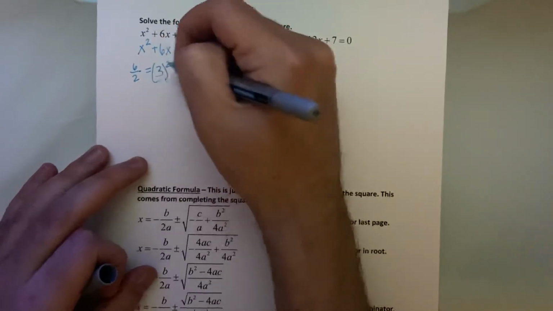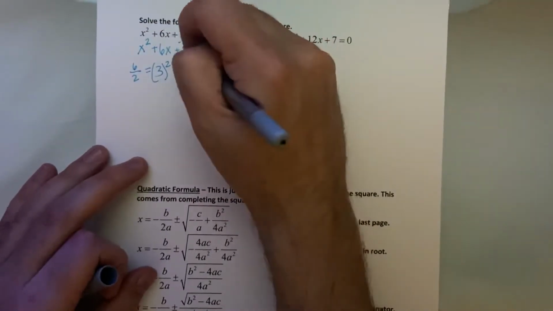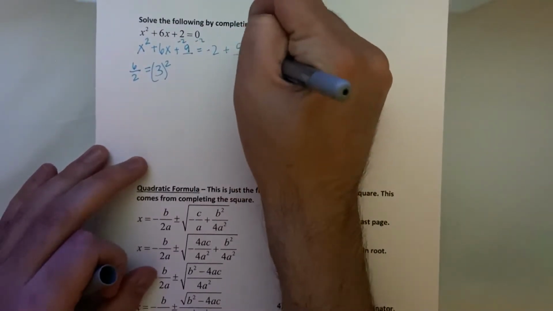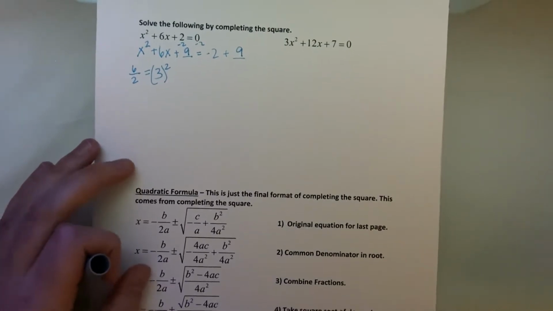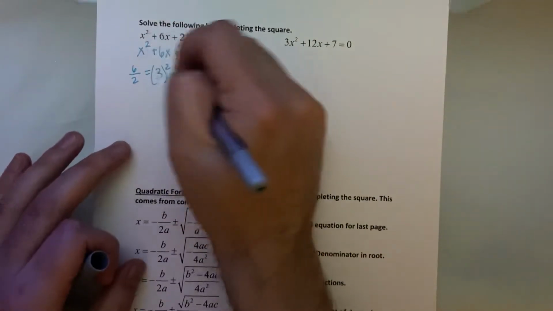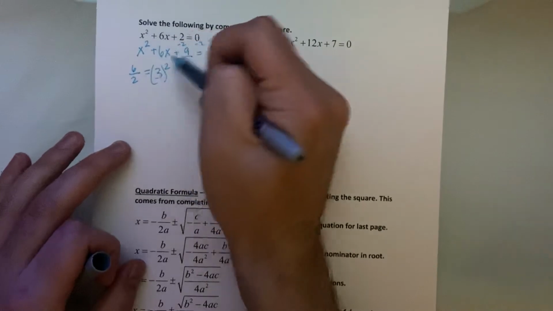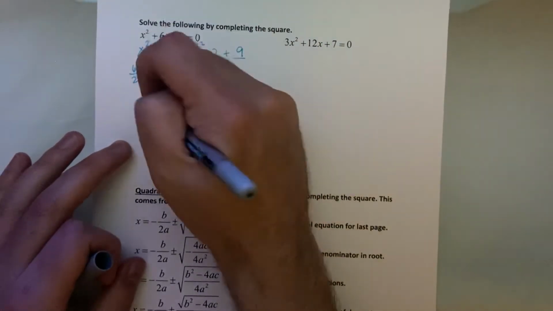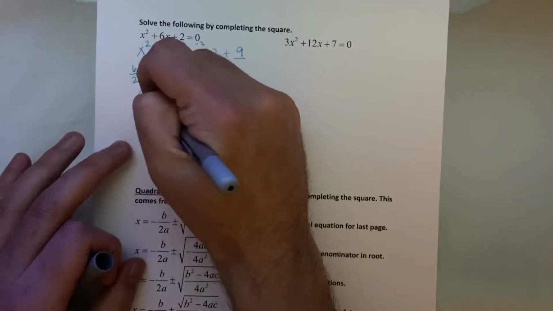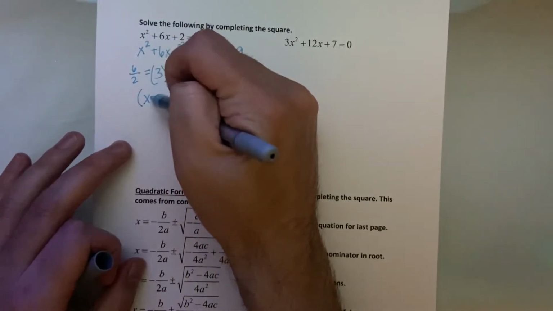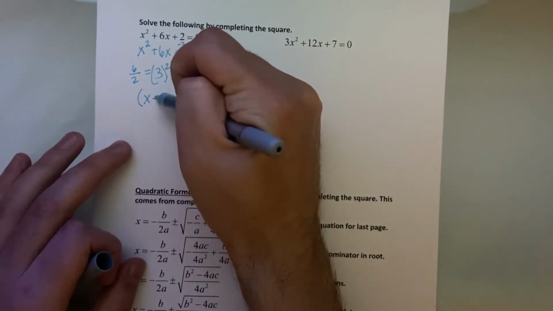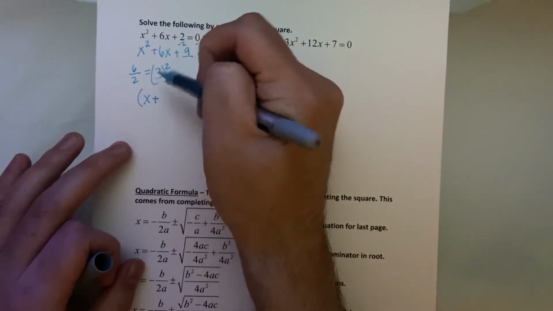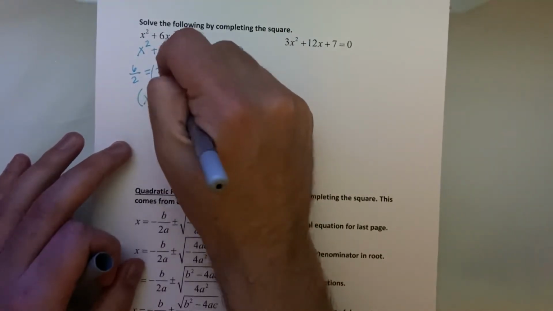and square it. 6 divided by 2 is 3. 3 squared is 9. That will be added to both sides in the blanks. Now, the whole point of this is to make this a perfect square, the same binomial times itself. And that binomial will always be x, and then whatever the sign is here, and this number that you cut in half, squared.